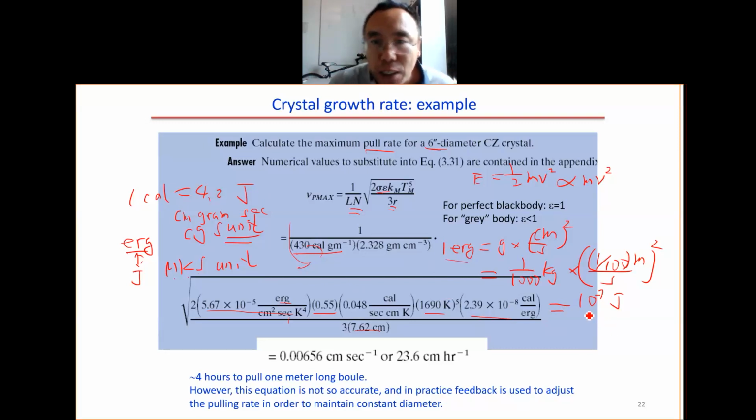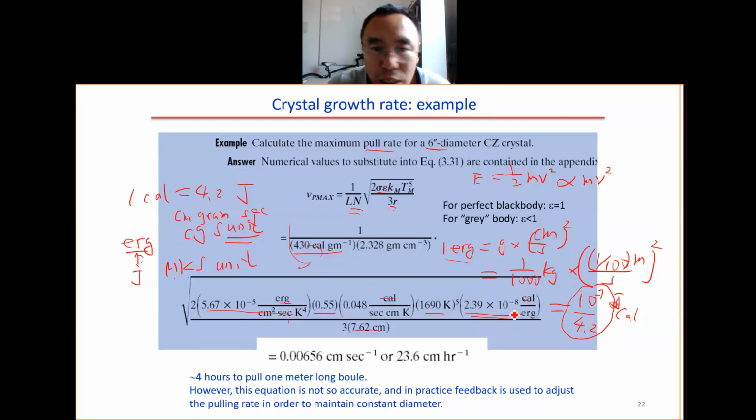So to convert it, 1 erg equal to this one divided by 4.2. Then you get the calorie. So 10 to the power 7 divided by 4.2 is given by this number. So then you have erg here, calorie here, calorie here.